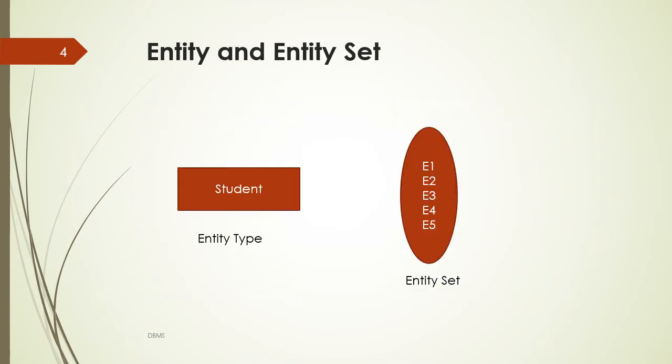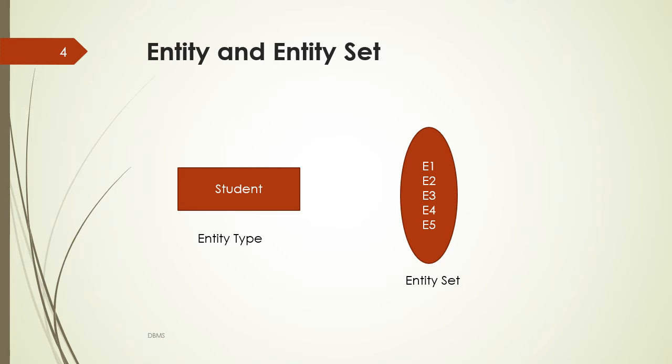Now we shall see with an example what is an entity and an entity set. Like we said, anything can be an entity. For example, a student, a person, a car, a house, a university course. Here, a student is an entity.